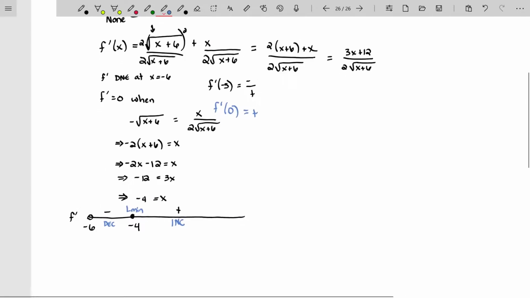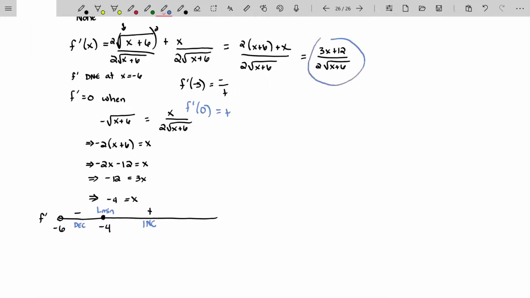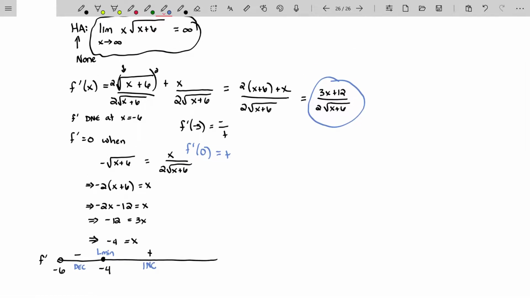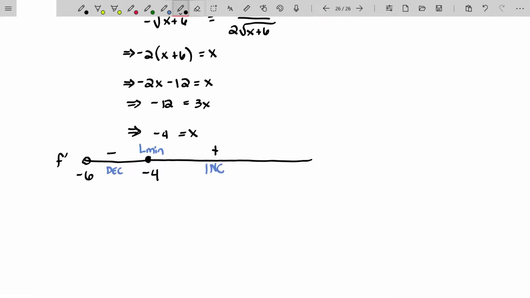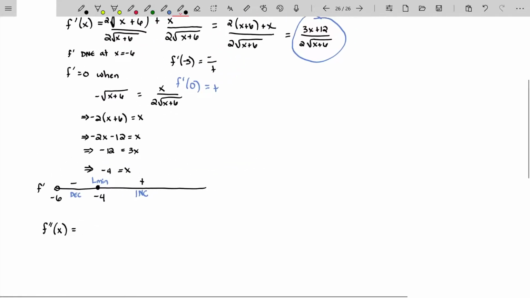What else do we have here? Second derivative. So the first derivative is this one right here, and that's the one I'm concentrating on when I start working with my second derivative. Okay, so second derivative, I'm going to be moving back and forth a little bit. The derivative of the numerator is 3 times the denominator, which is 2 root x plus 6, minus the numerator, 3x plus 12, times the derivative of the denominator.